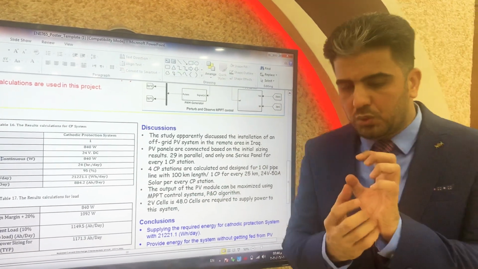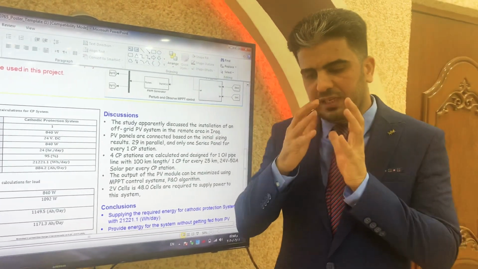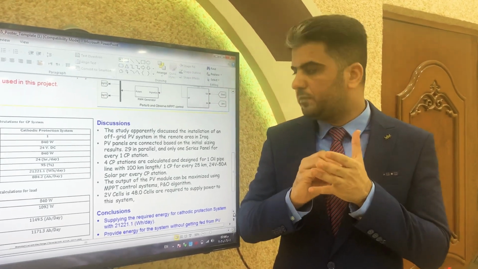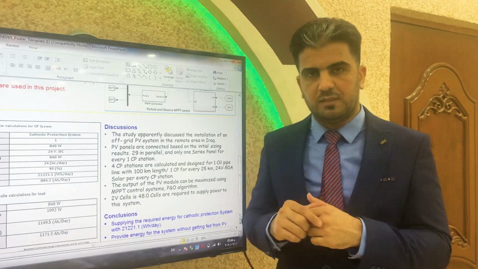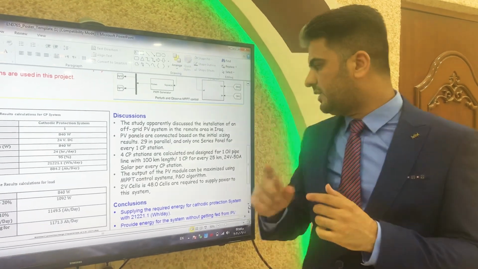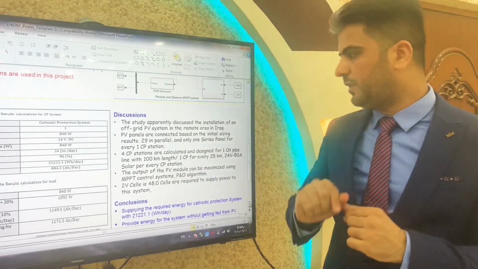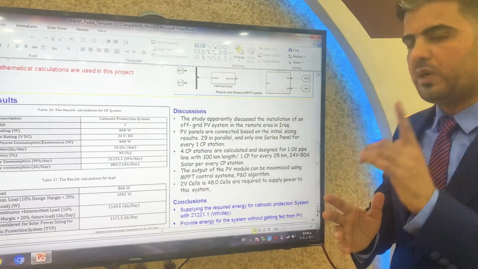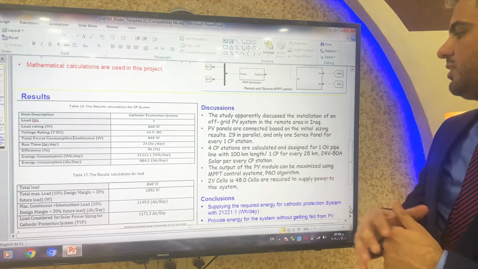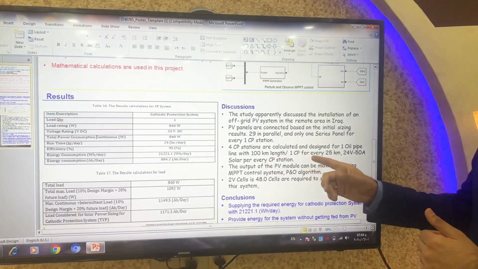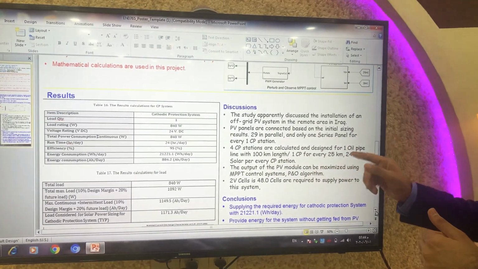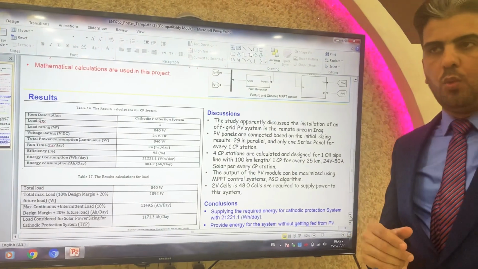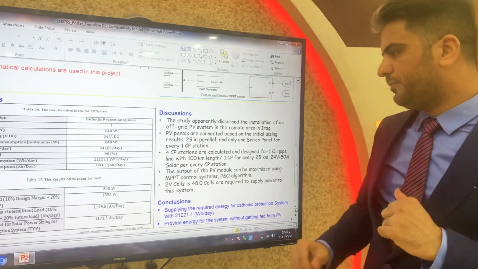So for every cathodic protection transformer, I used a standalone off-grid PV system with 29 PV in parallel and 1 in series. I use 4 CP stations, calculated and designed for one oil pipeline of 100 kilometers length, every 1 CP for every 25 kilometers. I use 24 volt DC with 50 amperes for every CP.